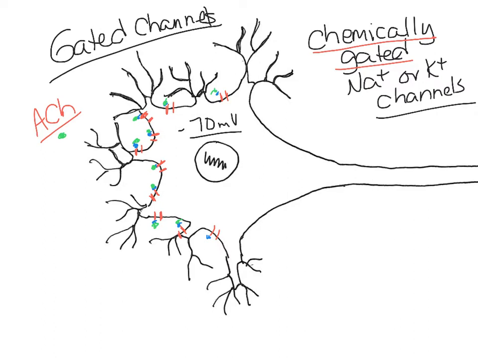Now, if those gated channels are sodium channels, that means only sodium can come in through the gate. If they're potassium channels, then potassium could leave through the gate. But we'll start by saying we're only going to talk about the chemically gated sodium channels. When you get to advanced, we'll talk more about the potassium ones.